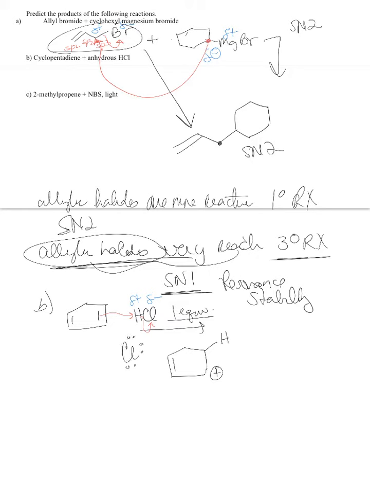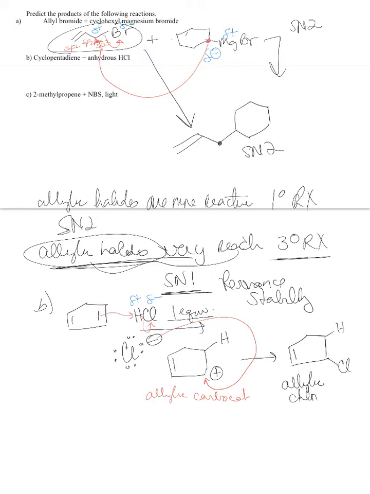and this chloride nucleophile. Now, if this chloride then comes and attacks at that, this is called an allylic carbocation, which is very stable, you get this product, which is an allylic chloride.